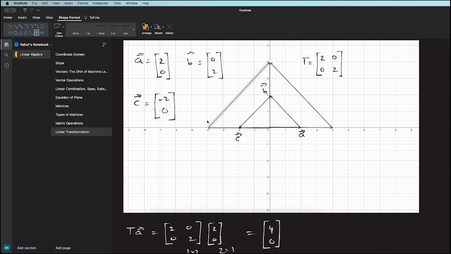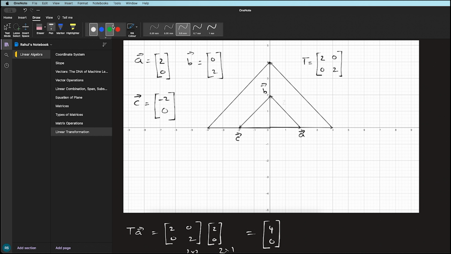Now here, for example, take the vector A to B. Suppose I want to find the points lying between A to B. It is denoted by vector Z1, B to C is denoted by vector Z2, and C to A is denoted by vector Z3.